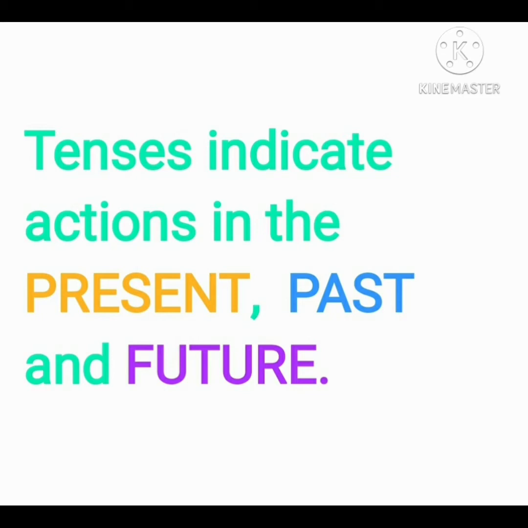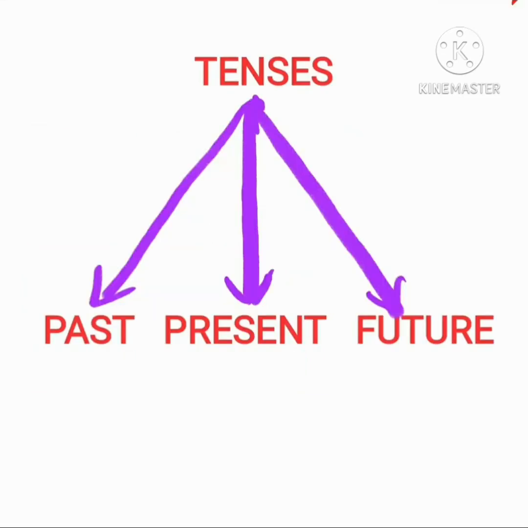Tenses help us to talk about an action happening in the present, or about an action that's over, or about an action that would happen in the future. This means tenses indicate actions in the present, past, and future. Yes, children, these are the three parts of tenses.